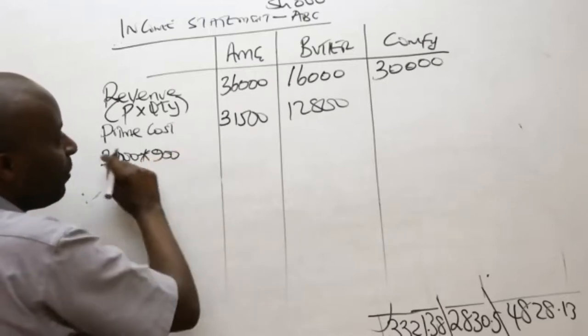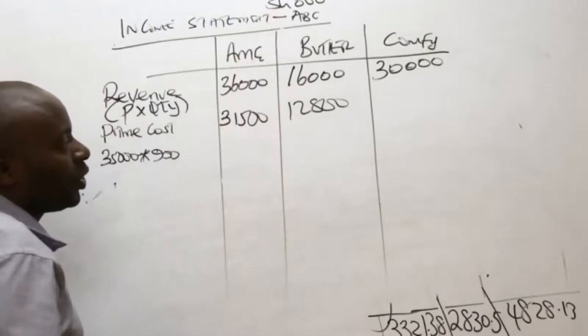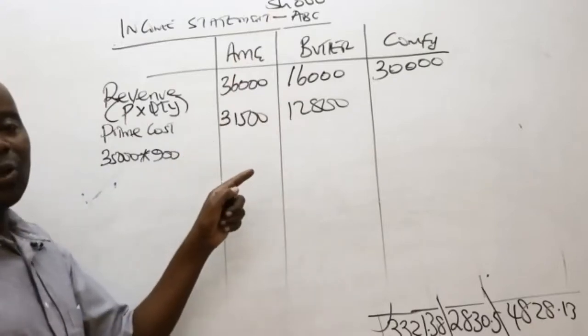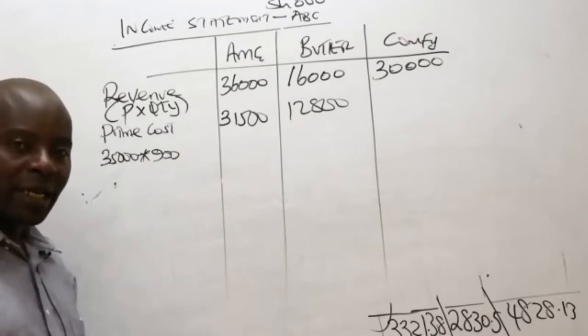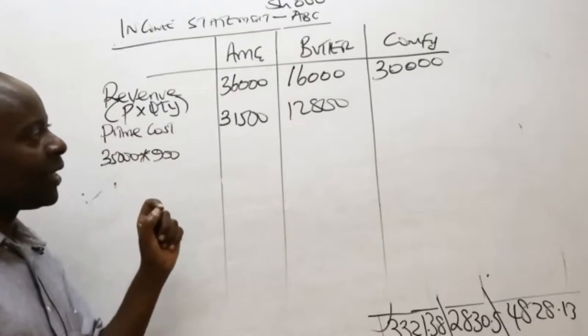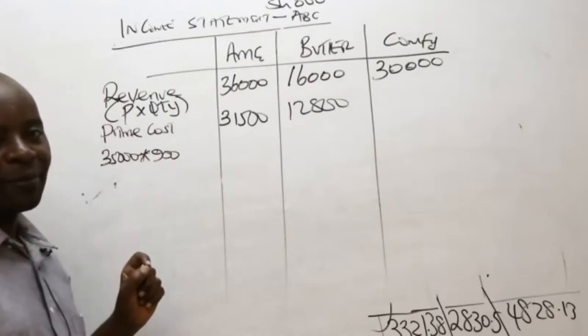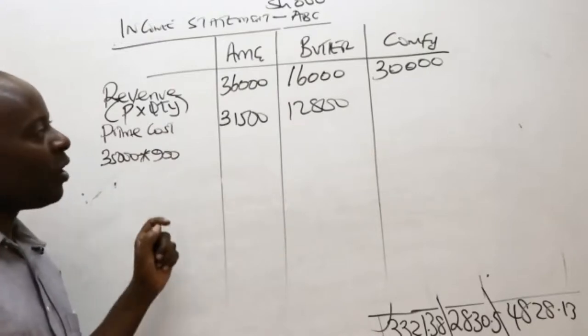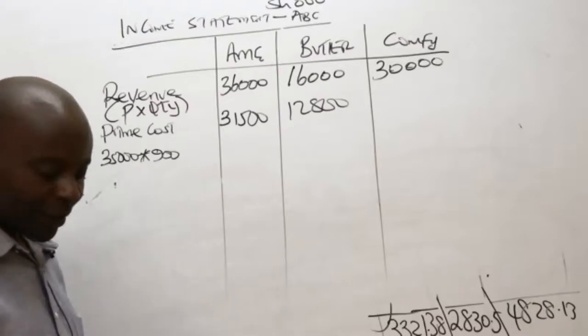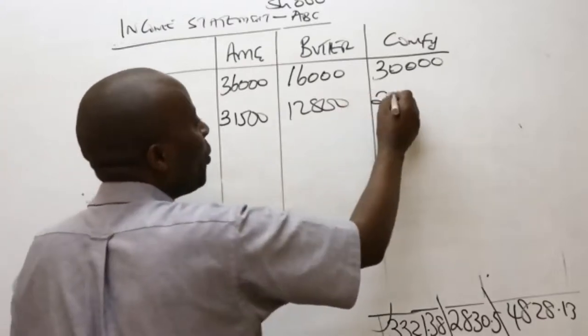Whatever you get, you divide by 1,000 because our figures are in terms of shillings thousands. You do the same with butter. You take the prime cost for butterfly times number of sofa sets of butterfly produced. So how about comfy? What figure are we getting for comfy? 24,000. Thank you very much.